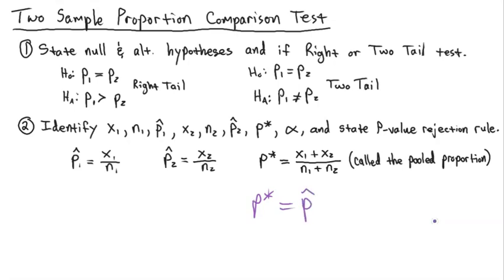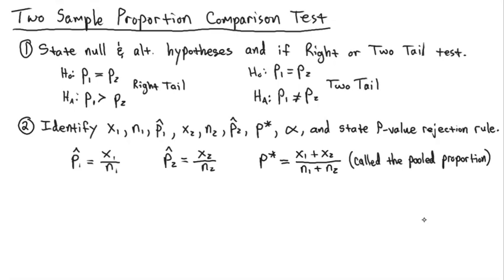But if you see P hat 1, that's only for the sample from population 1, and if you see P hat 2, that's only from the sample from population 2. And the good news is that NumWorks, if you put this and this and this and this into NumWorks, it'll give you this and this and this.